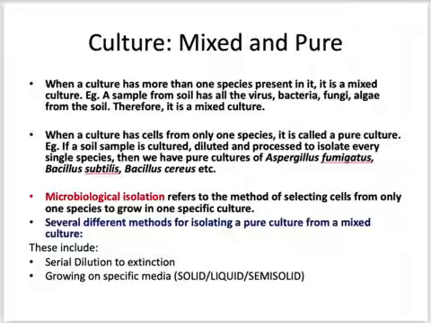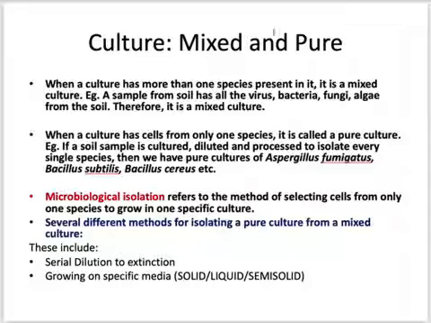For example, if you collect a sample from the soil, it contains many different types of microorganisms, such as virus, bacteria, fungi, and algae. So this is called mixed culture. But if you culture in a way that only one particular type of bacteria will grow, for example only E. coli, it will be called pure culture.